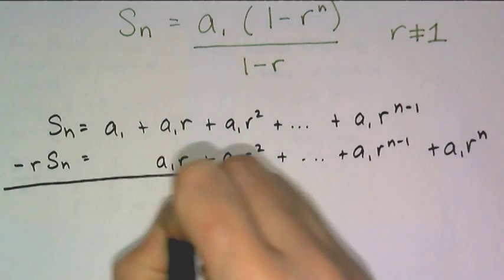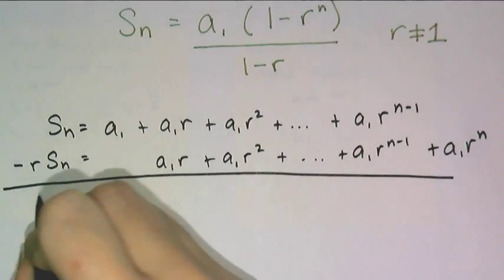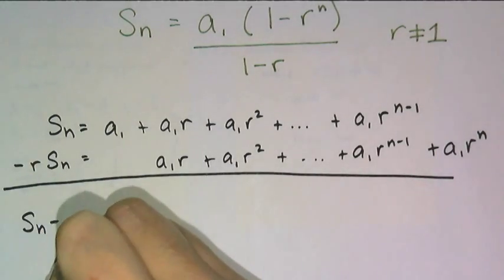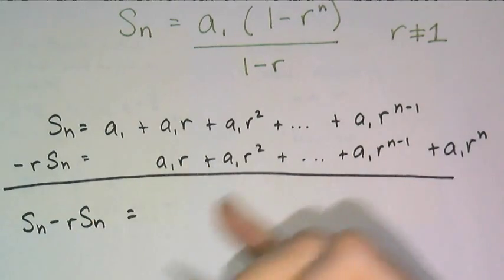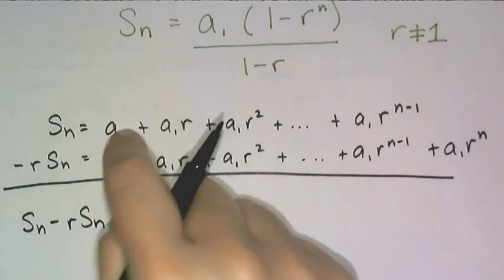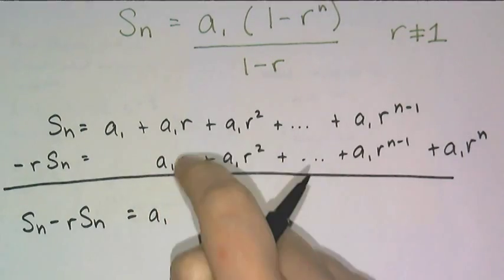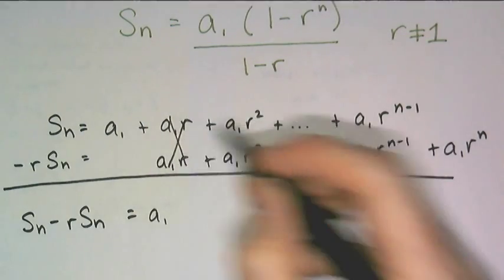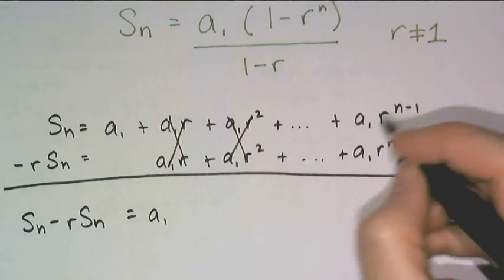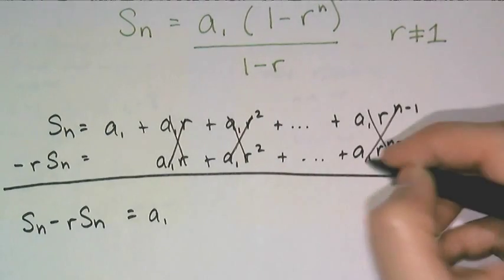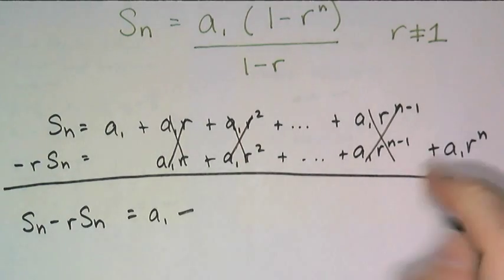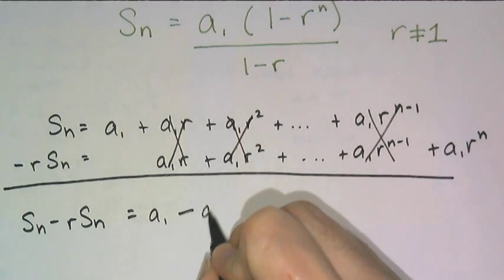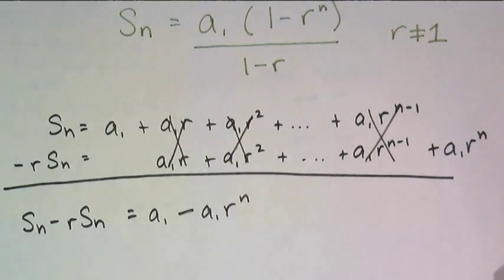And then when I subtract them, what I get over here is s sub n minus r times s sub n. And then when I subtract all these off, I get a sub 1 in the very beginning, and then these cancel all the way down the line, and what I'm left with is minus, because I'm subtracting, a sub 1 r to the nth power.